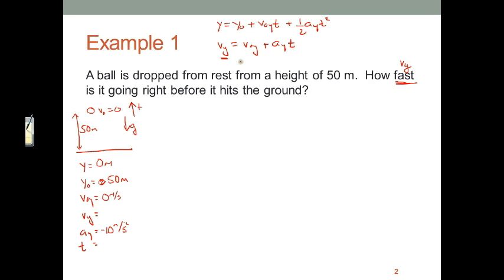So to use this equation, before I can find Vy, I have to find t. Let's look at the upper equation to see if that will help there. I know y. I know y0. I know V0y. I know a sub y. I need to know t. Therefore, I know everything in this equation except t, so I can use it to find t.